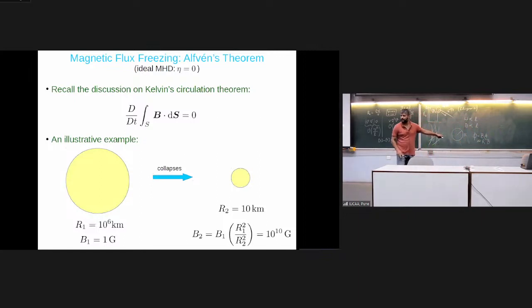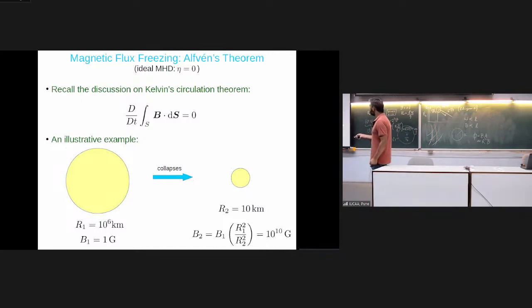So radius squared times B is the flux through that surface, and this must be constant. If the star collapses and becomes a neutron star or white dwarf, clearly you can write R1 squared and R2 squared, and because the flux is conserved, if you go to a smaller radius, your magnetic field must increase, quadratic in the radius. So you can work it out.